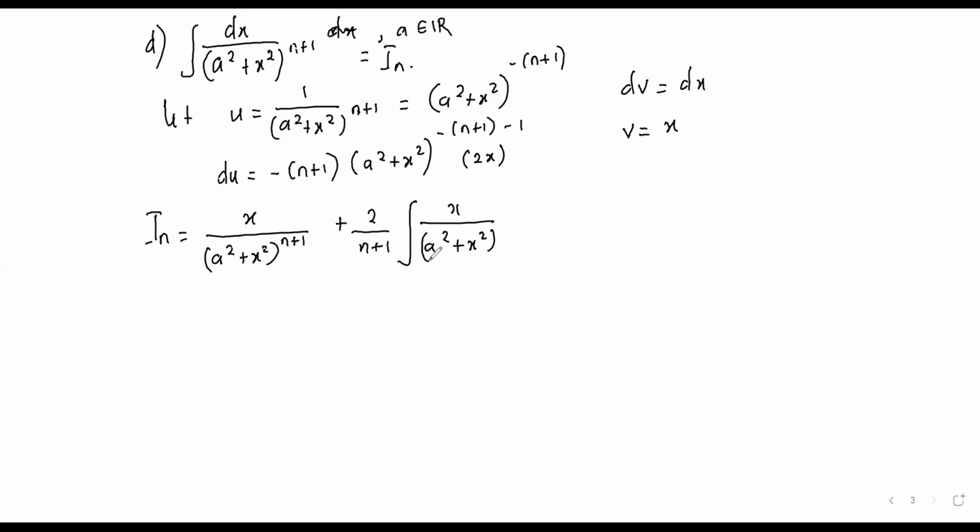Let's see what the power became. So when we worked out the power there, it was minus n minus 1 minus 1, which is minus n minus 2, which is n plus 2, dx.